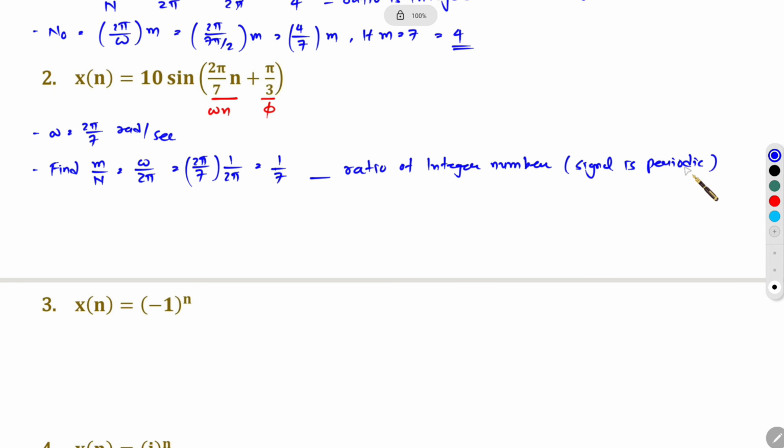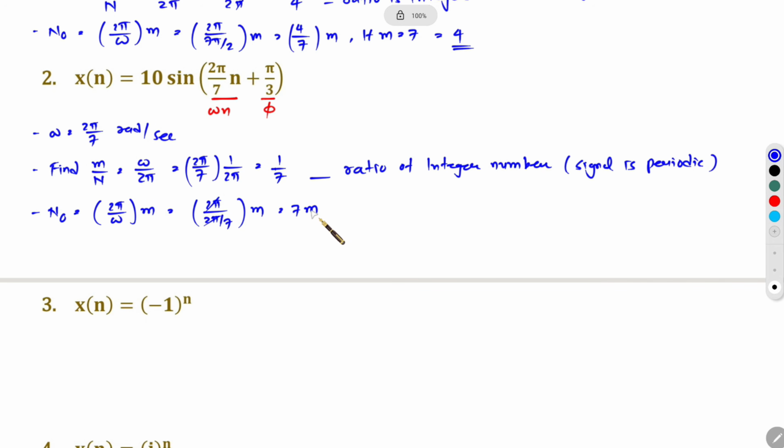If it is periodic signal, then fundamental period, that is N naught is equals to 2 pi by omega into small m. Here we have omega, that is 2 pi by 7. Right. So this 2 pi is getting cancelled. We'll be having 7m.